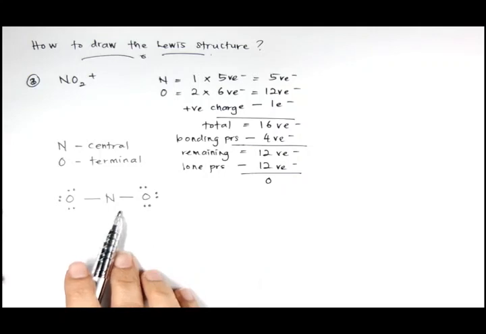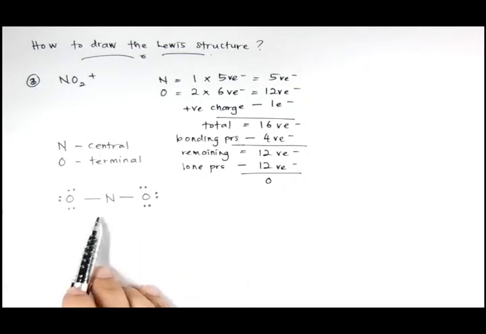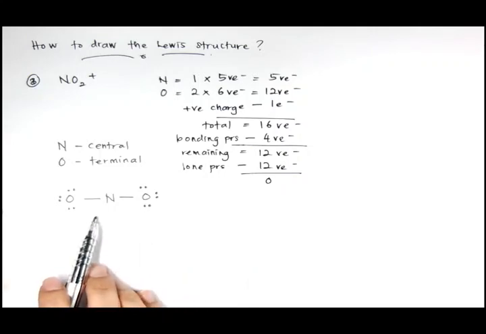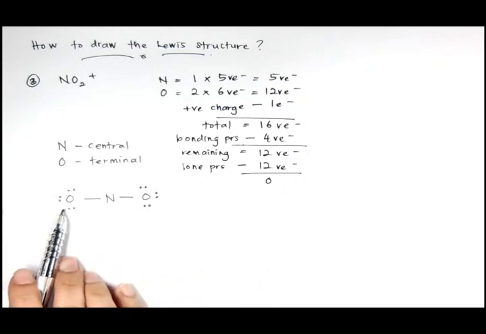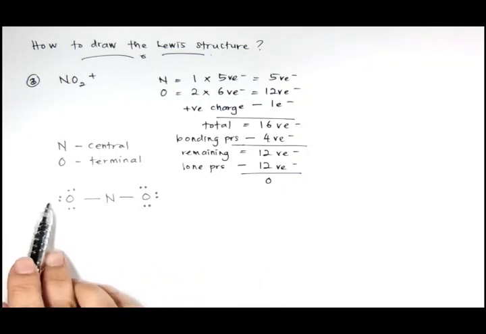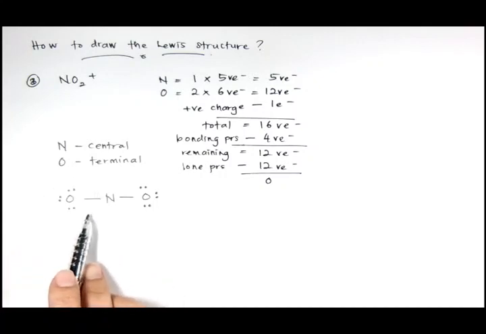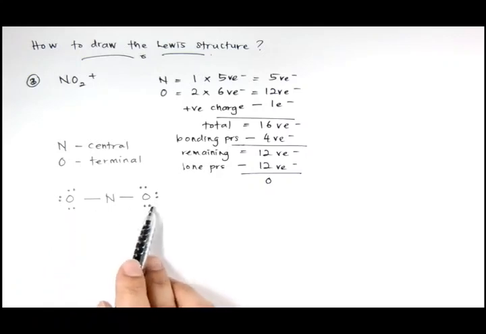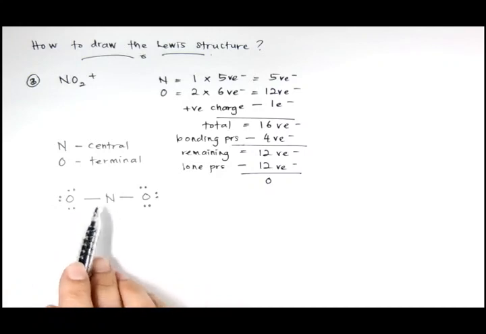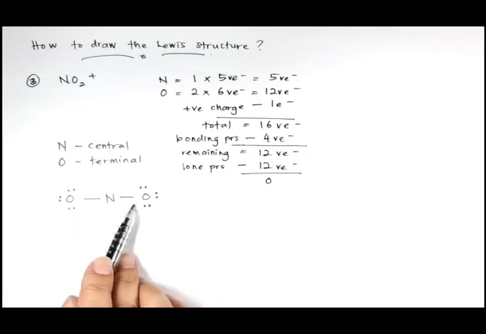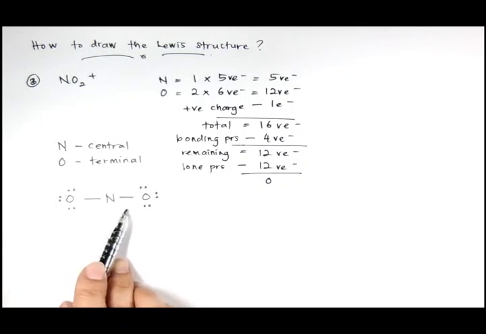So the next step is to consider whether this molecule satisfies the octet rule. For the oxygen atom with 1 bonding pair and 3 lone pairs, it has 8 valence electrons that satisfy the octet rule, while the other oxygen atom also satisfies the octet rule. But the nitrogen atom only has 2 bonding pairs with 4 electrons involved.